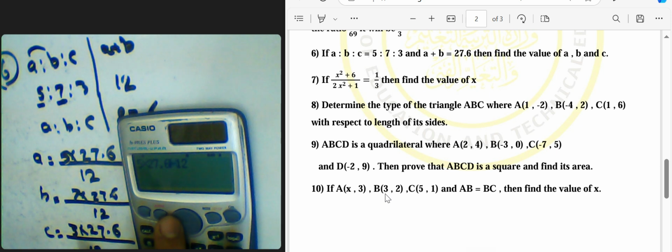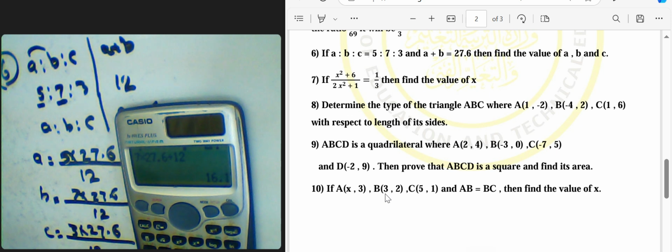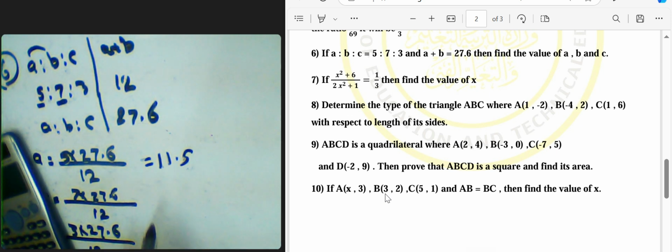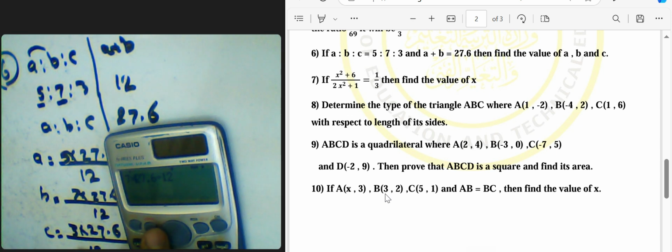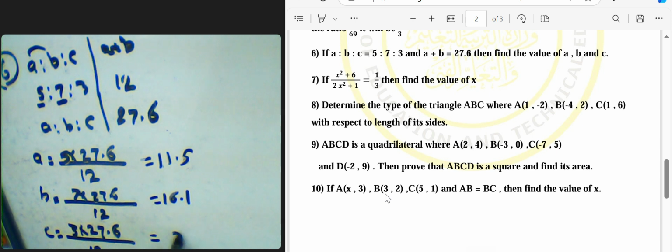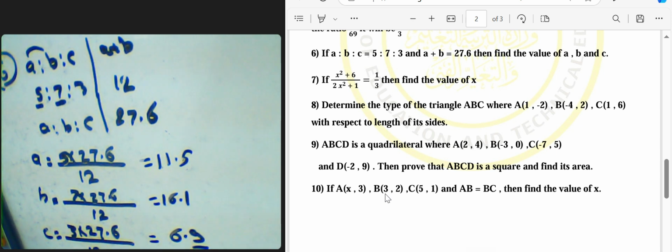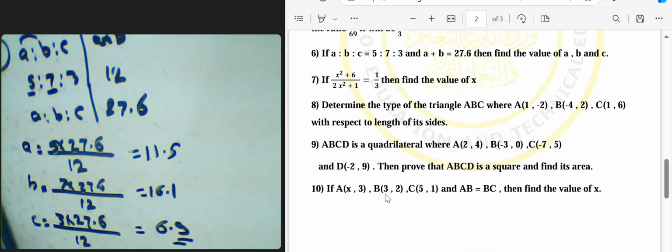And here 7 times will be 16.1, and here 3 times 27.6 divided by 12 will be 6.9. Understood? Next question.